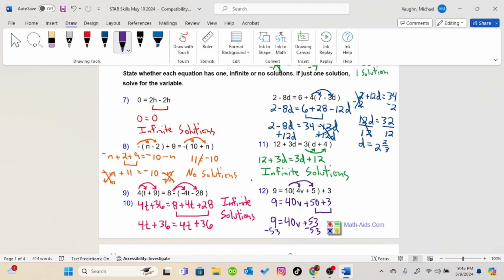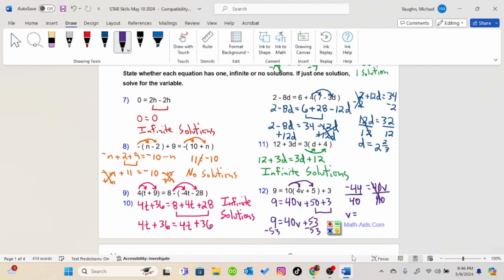and we get negative 44 equals 40v. Then we divide both sides by 40. That cancels out on the right.